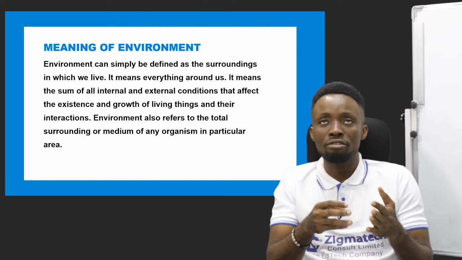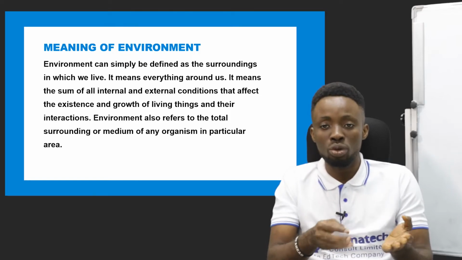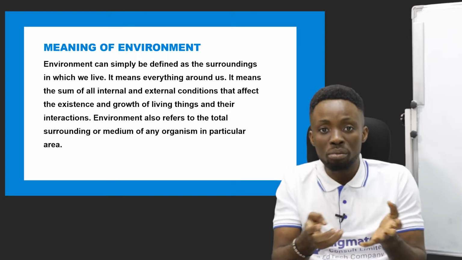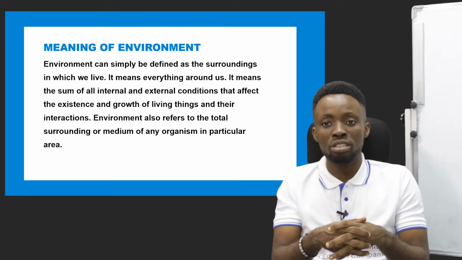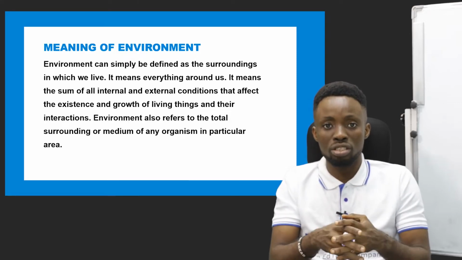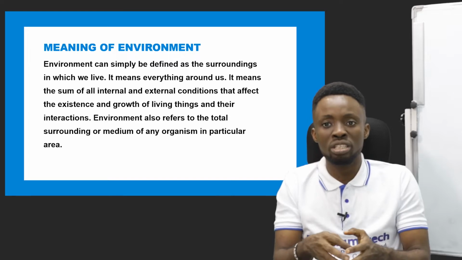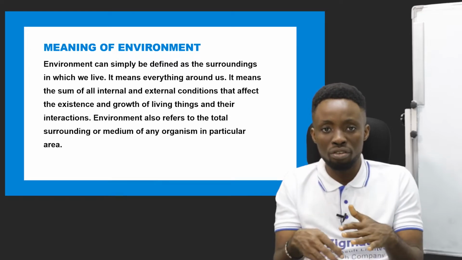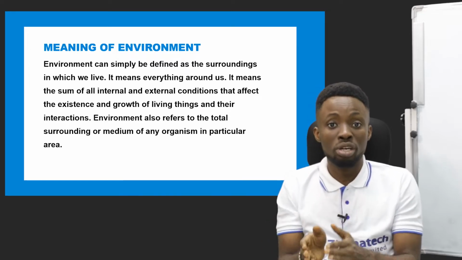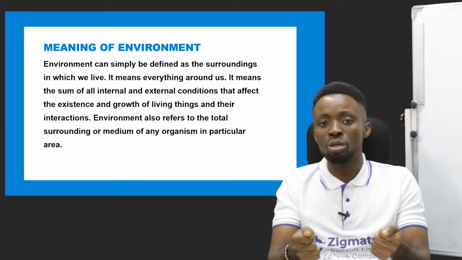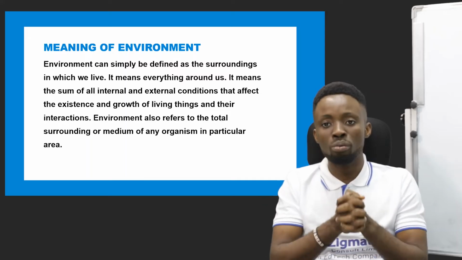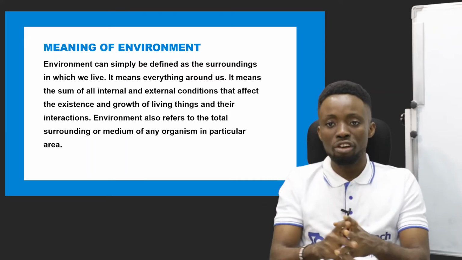We have features like valleys, we have mountains, waterfalls, we have man-made features too in our environment. So all these things, be it biotic or abiotic, or be it living or non-living, or man-made or natural, are actually what combines to make up what we call the environment.